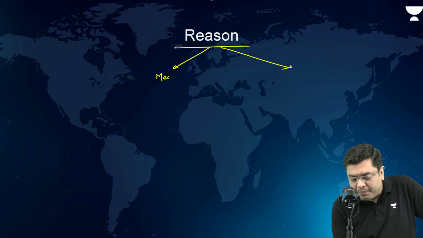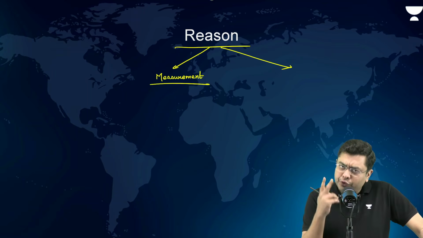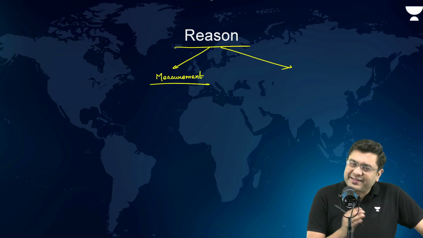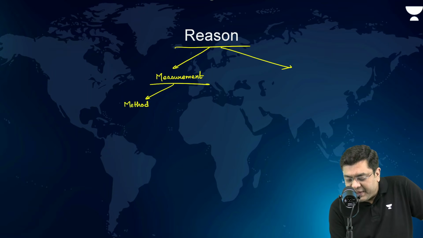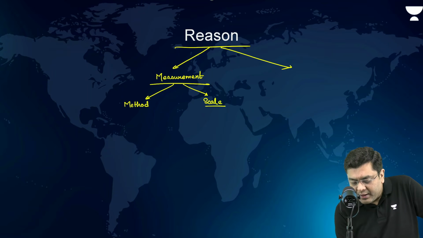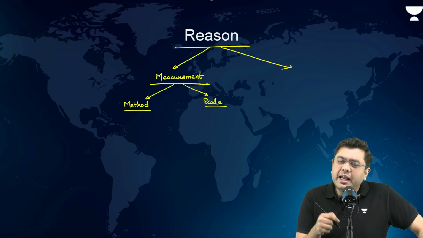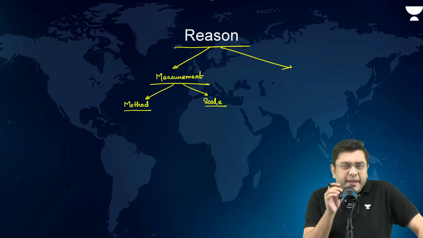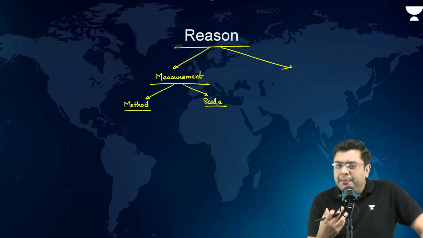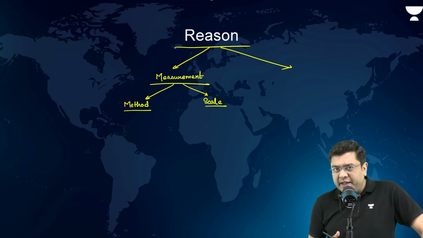When we talk about measurement, how do we measure and the scale of measurement, both of them have changed as compared to the previous calculation. So, here, the method of measurement, and the second is the scale of measurement. We will touch upon them with the help of illustrations and images of the coastline. I will help you understand what we mean by this.